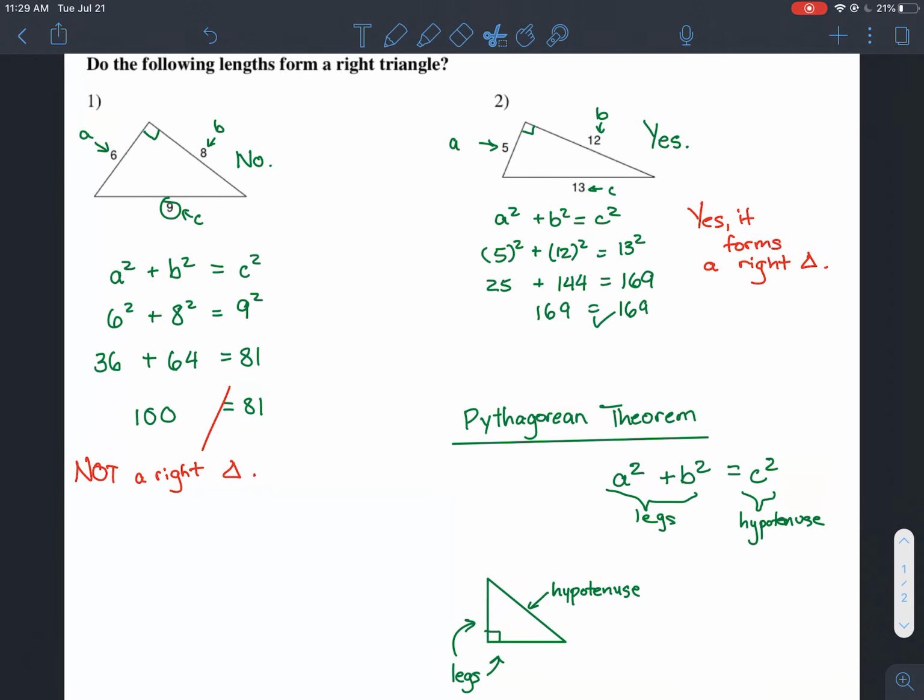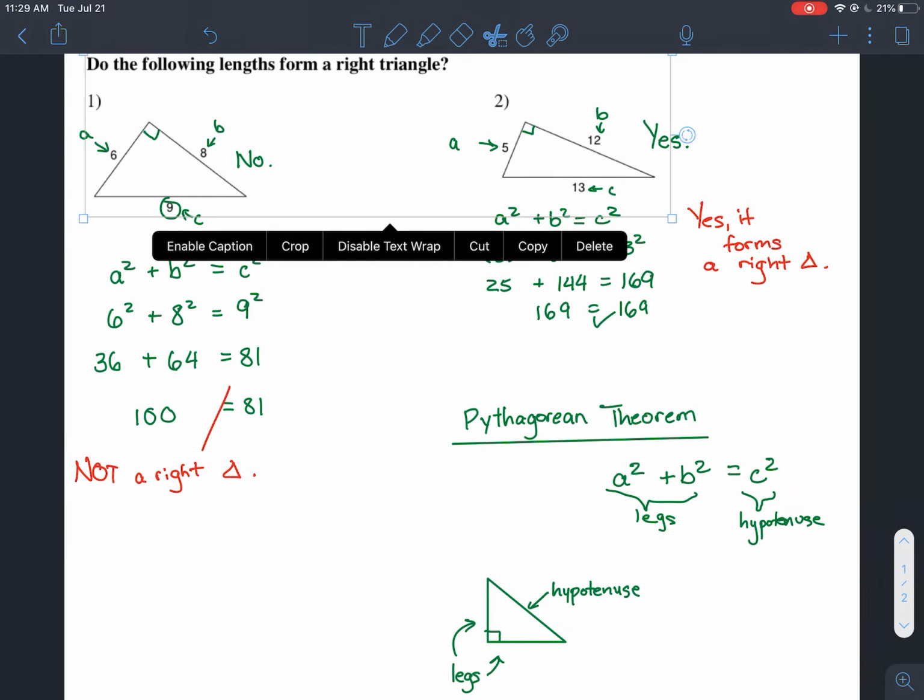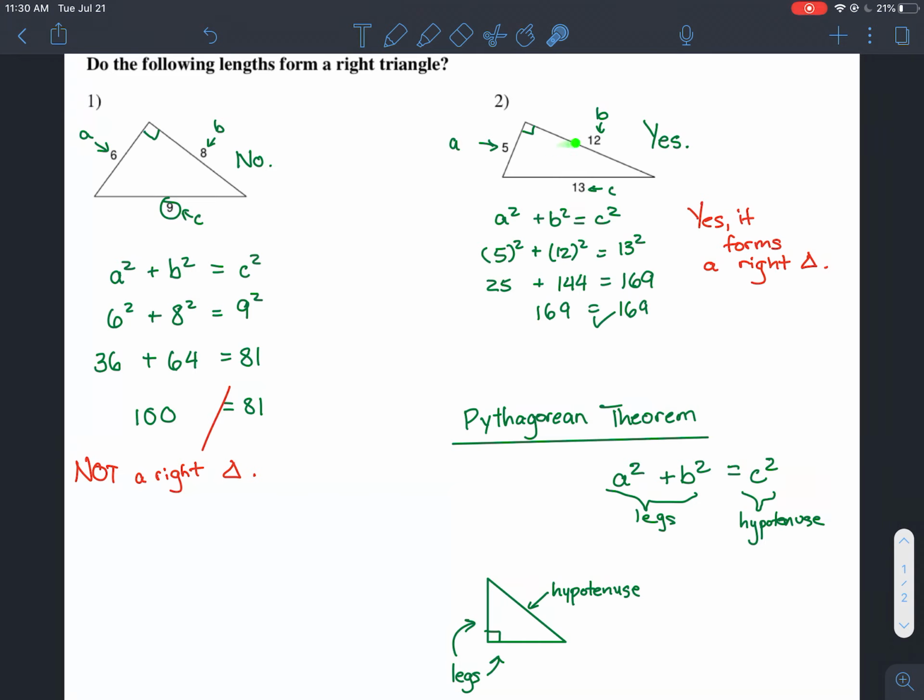So, one of the most famous ones is this triangle, 5, 12, 13, where the side lengths are 5, 12, and 13. That always forms a right triangle.